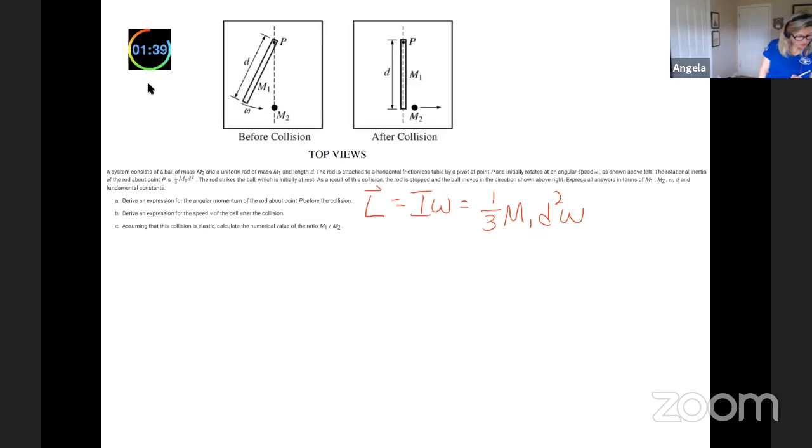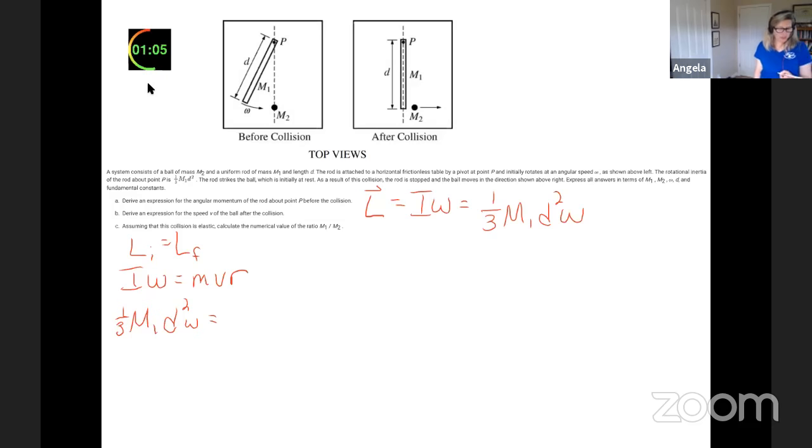B, derive an expression for the speed of the ball after the collision. Okay, we'll just assume angular momentum is conserved. So initial angular momentum is I omega of the rod, and final angular momentum is m v r of this point mass. We already know I is 1/3 m1 d squared, times omega.